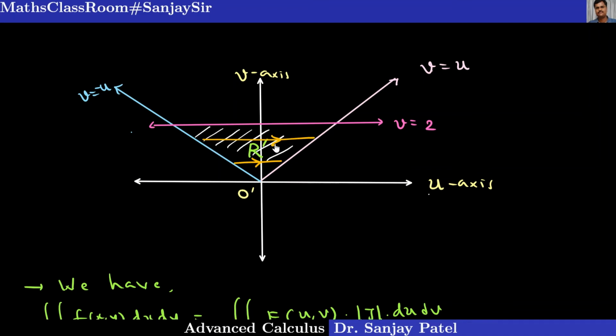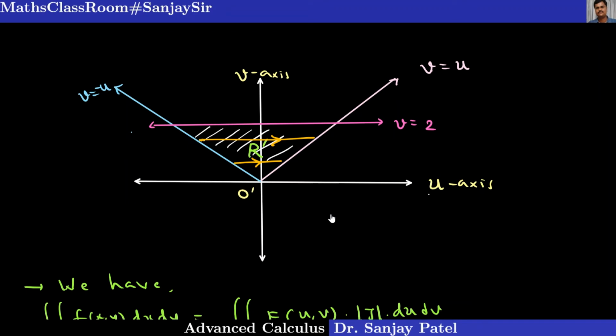For all the positions of the strip, the left hand curve and the right hand curve remain the same. Here the left hand curve for any position of this yellow strip is this line v equal to minus u, and the right hand curve for all the horizontal strips in this region is v equal to u. So this is a regular region if you integrate this way.